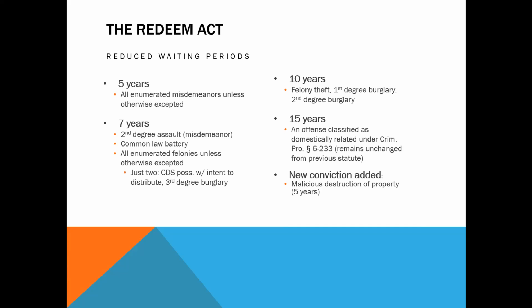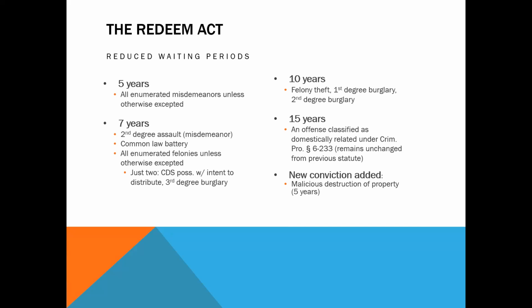And as a side note, I will mention that CDS possession with intent to distribute is actually affected by the cannabis legalization that went into effect in July. So that conviction is going from 15 years down to 7 years, unless the substance was solely cannabis.